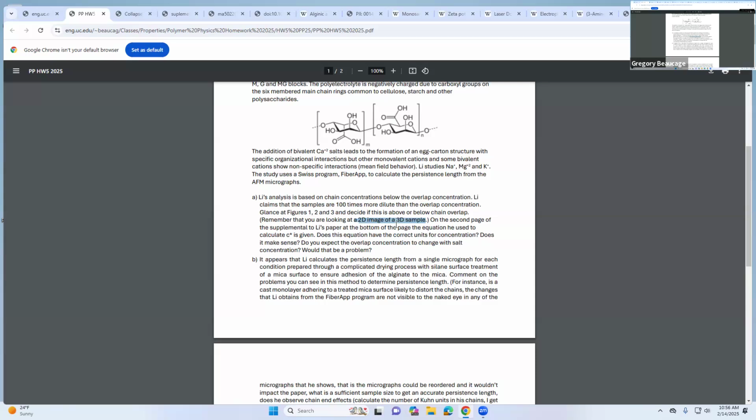That could be part of what makes it look more concentrated than 100 times more dilute than overlap. So take your overlap coils, sketch them out, then pull out 9 out of 10 of the ones you drew. That's what it should look like. And there's no way it looks anything like that, even if you squish that flat. I'm not sure you would get it, so it's kind of hard to see that.